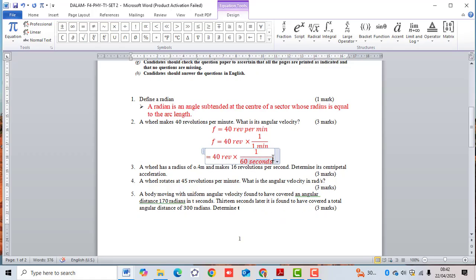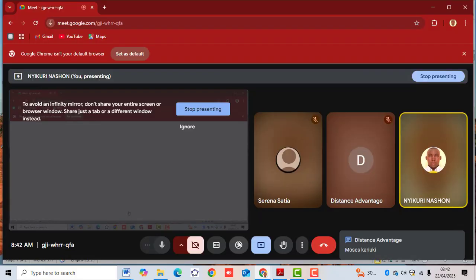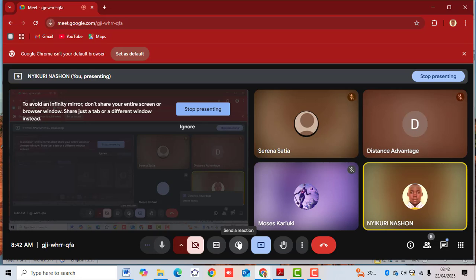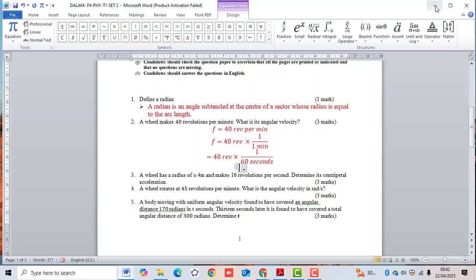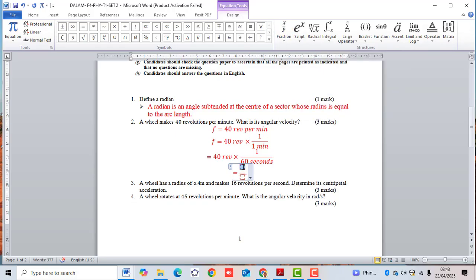So when I simplify this further, I'll end up with 40 over 60. Remember how we multiply fractions? The numerator is multiplied separately, the denominator separately.